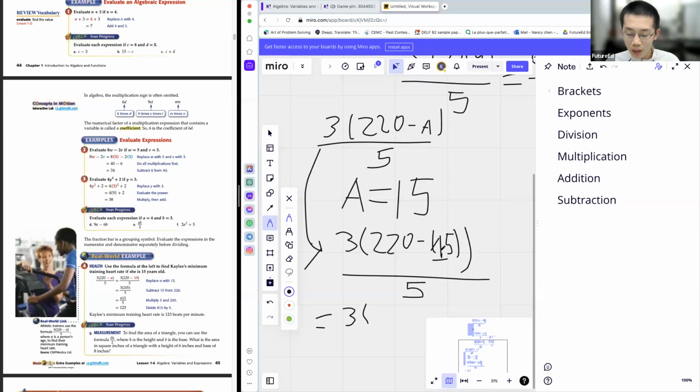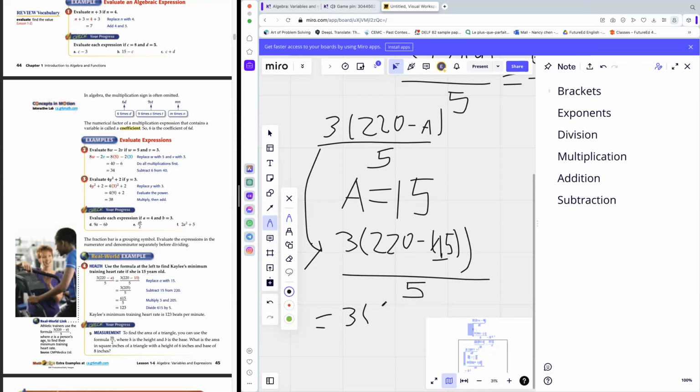Just try evaluating the numbers inside the brackets first. The distributive property might be useful sometimes, but the numbers might cancel really nicely before you do the multiplication. So can you do 220 minus 15 first, please?